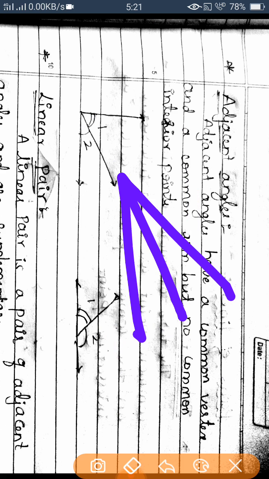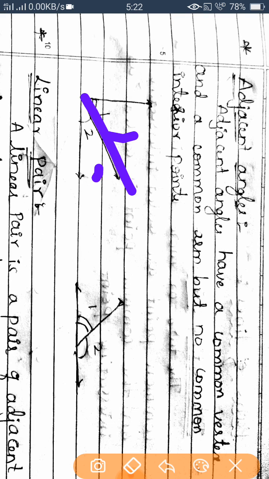I'll show. These two angles, this one and this one, are adjacent, but they have no common interior point. So these two angles are adjacent angles because of the common arm and common point.